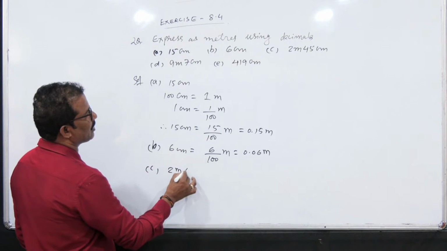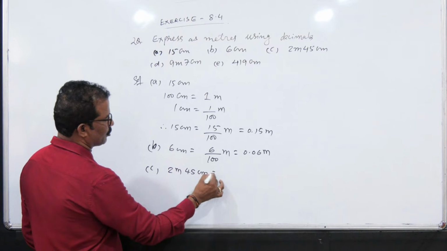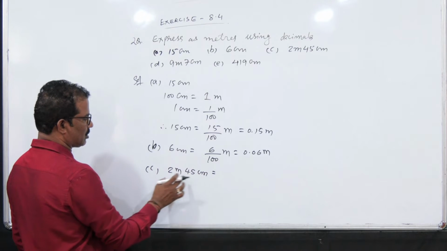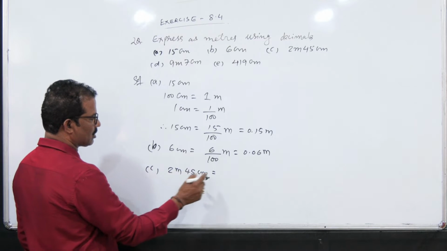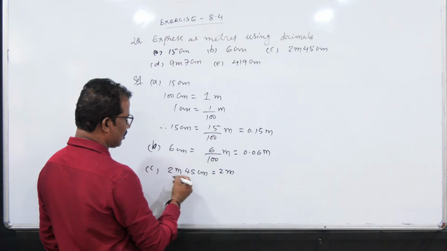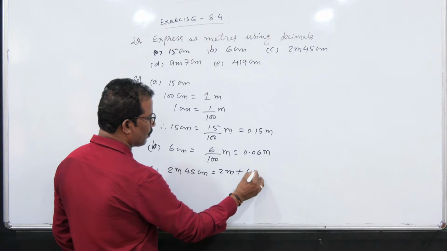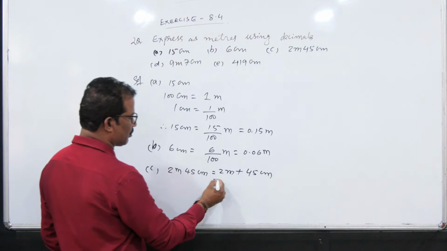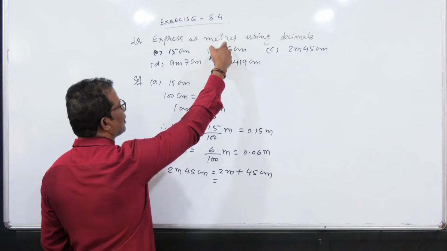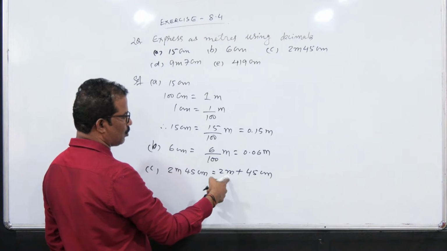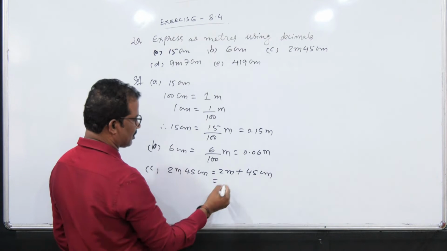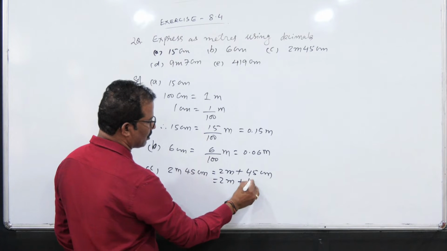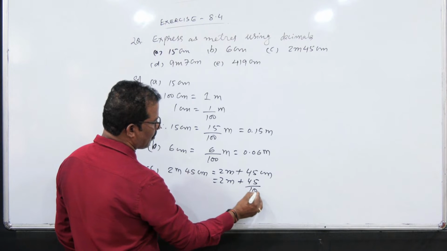See the next question, that is C. It is 2 meter 45 centimeter. In this, there are two units. One is 2 meter, another is 45 centimeter. This question we have to break like this: 2 meter plus 45 centimeter. So it is already in meter. As per the question, it is already in meter. No need to do anything for this. Only you have to convert the centimeter into meters. And we know how to: that is 45 by 100.